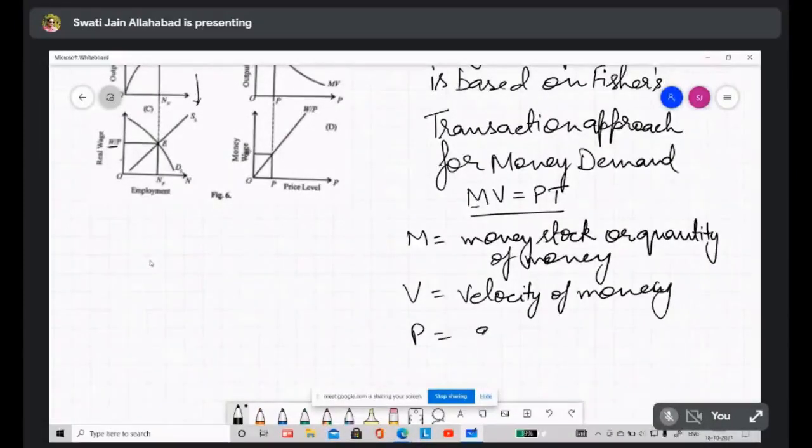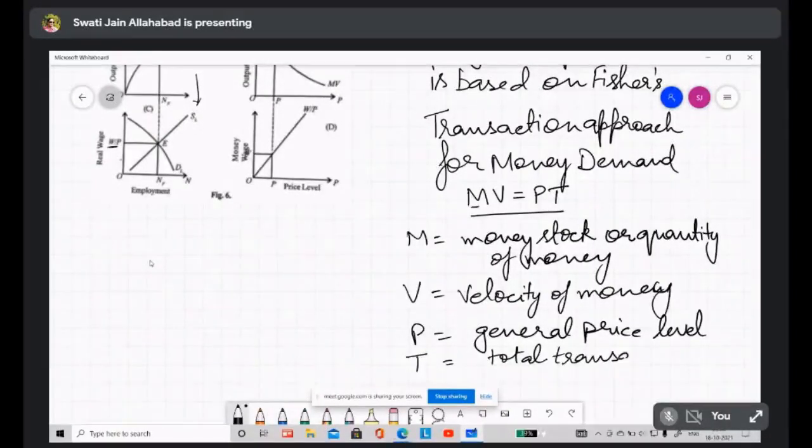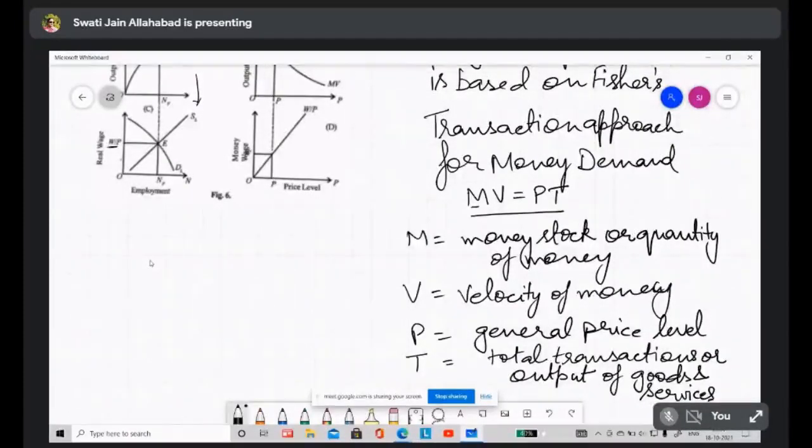P is general price level. And T is total transactions, or this is output of goods and services. So you must be remembering this MV = PT.